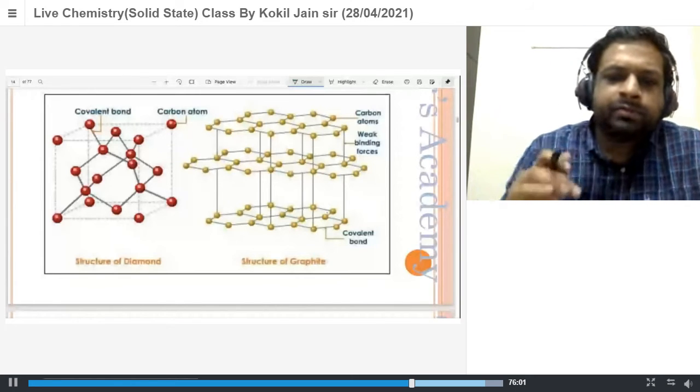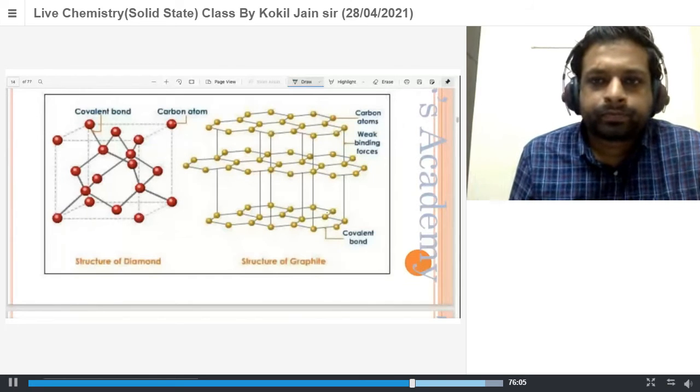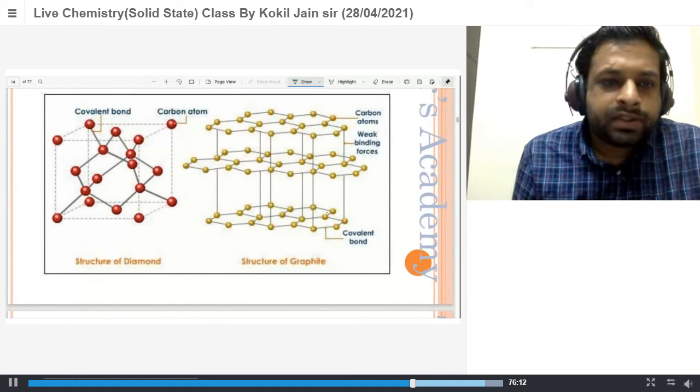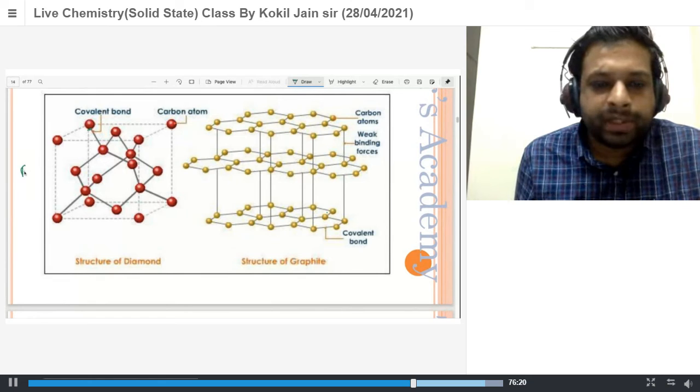Now, if you remember this structure of diamond, see in this structure, this is the FCC type of lattice. All corner sites are occupied.